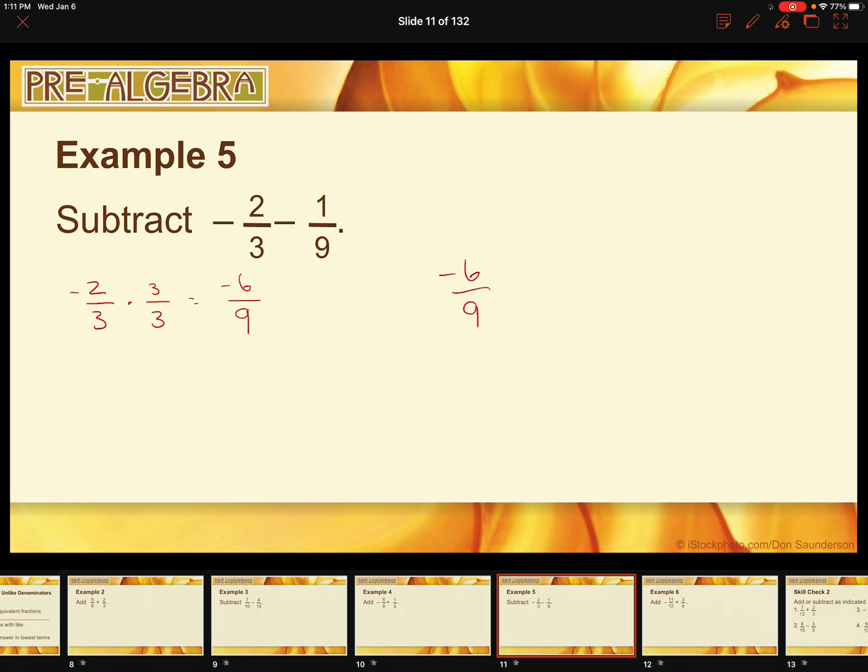Negative 6 over 9 minus 1 over 9. Well, if I wanted to add the opposite, I could rewrite that as negative 6 over 9 plus negative 1 over 9. I know my common denominator is 9, and negative 6 plus negative 1 gives me negative 7, which is in simplest form, so I can leave it as is.